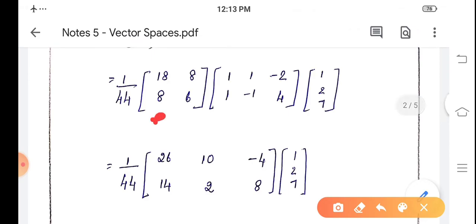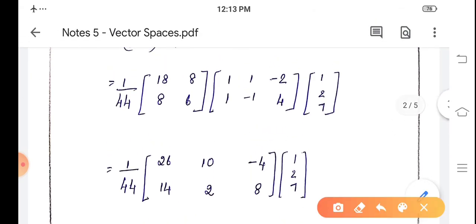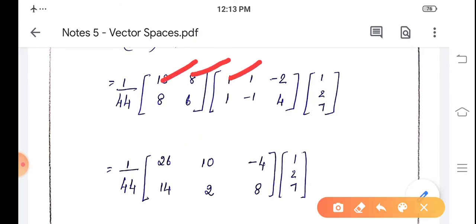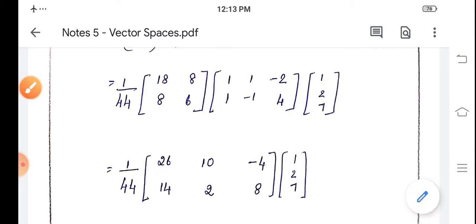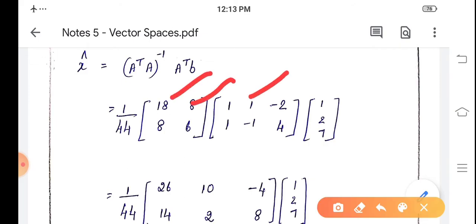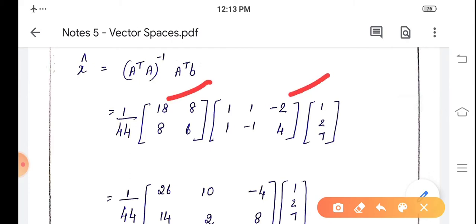Here, first we multiply these two matrices. Then we get 1 by 44 into the following. When we multiply, the entries are 18 into 1 plus 8 into 1, that gives 26, the first entry. The second entry is 18 into 1 plus 8 into minus 1, that is 10. And the next entry is 18 into minus 2 plus 8 into 4, that gives minus 4.